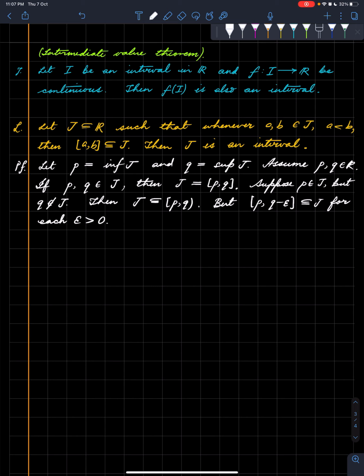Because if that were not the case, meaning if there was an epsilon such that this whole thing was not contained in J, then what would happen?